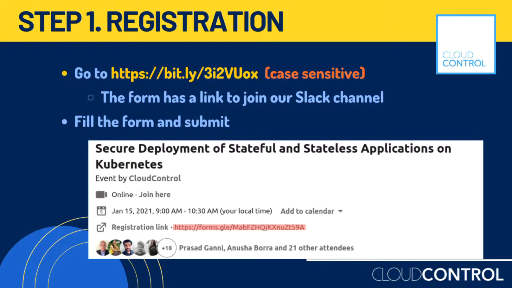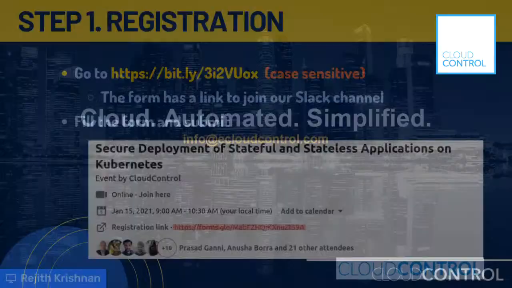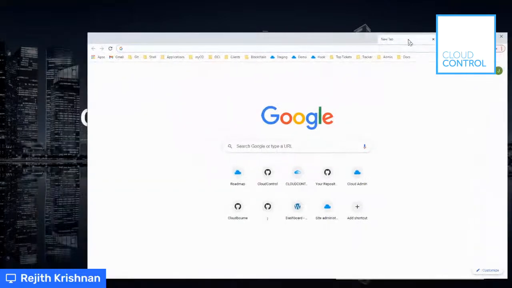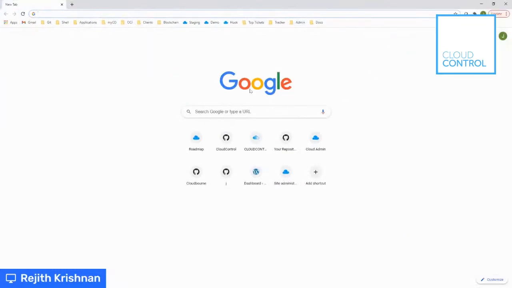I'm going to start sharing my screen as well. And make sure to join the Slack channel. That's the way for us to help you in case you are stuck with any step.